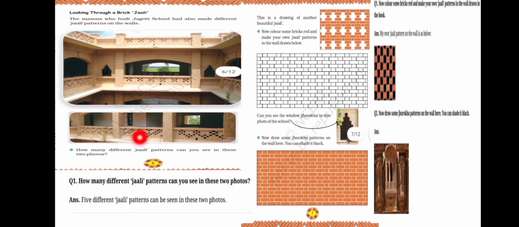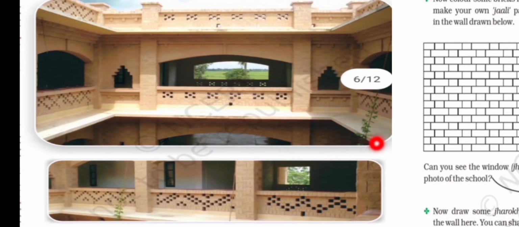All these are jalis. Then here is the question: how many different jali patterns can you see in these two photos? In both given pictures, how many types of jali are there? We can see both are the same. So this one is the first type of jali.